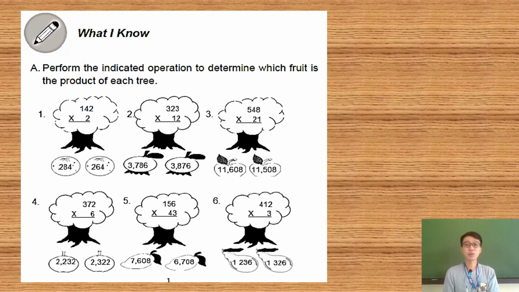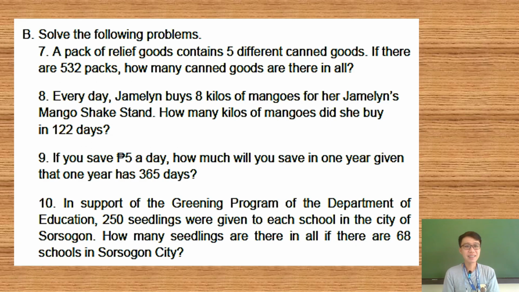Let's see how much you already know about the lesson by answering this activity. For letter A, perform the indicated operation to determine which fruit is the product of each tree. And for letter B, solve the following problems. I'll give you a few minutes to finish this activity.